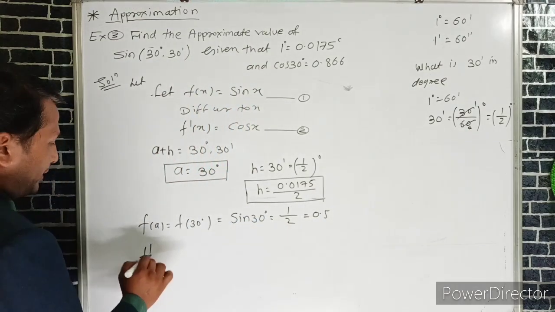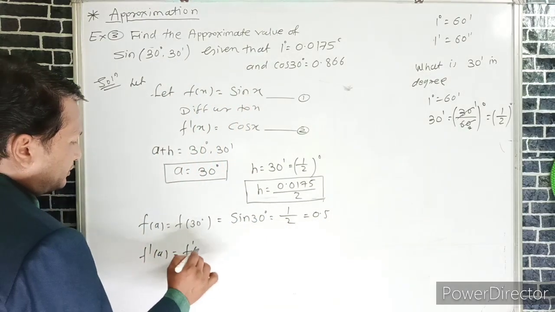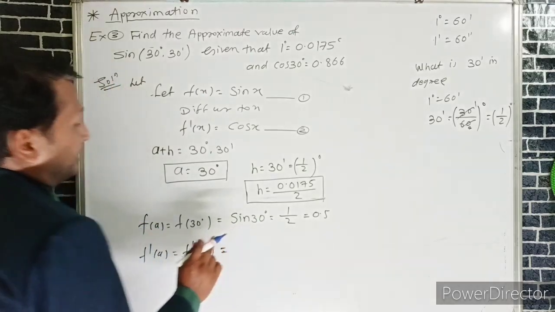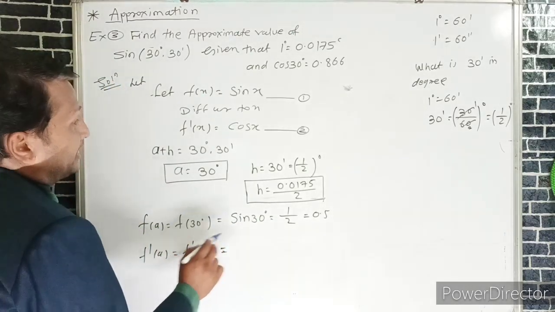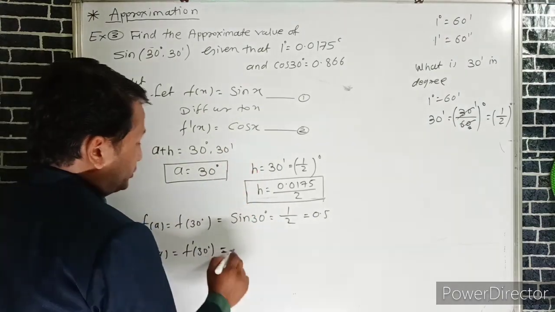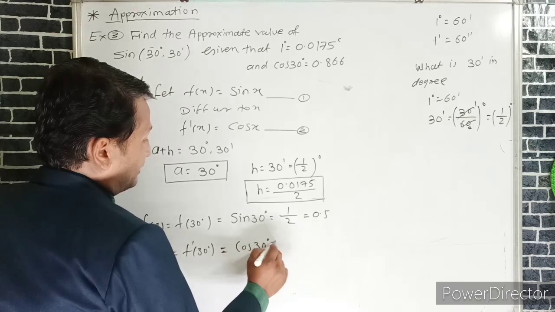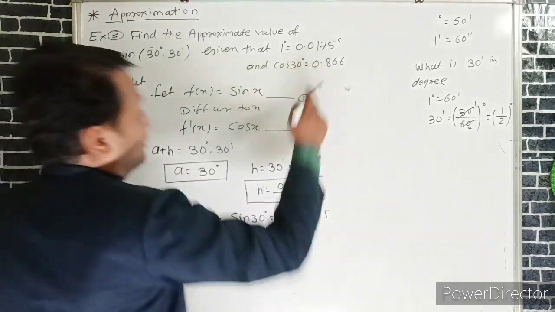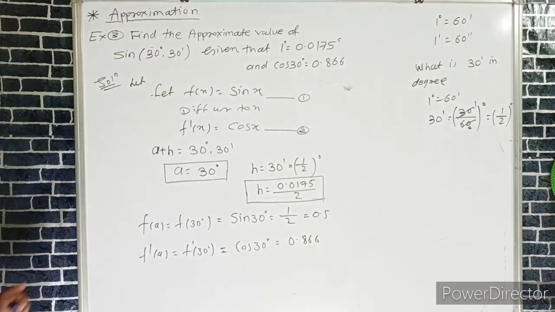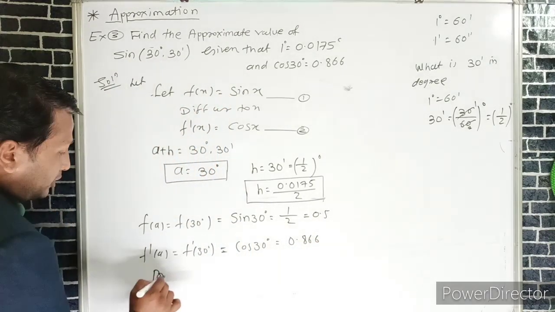Again, the value of f dash of a is equal to f dash of 30 degrees, which is cos of 30, and the cos of 30 degrees is given as 0.866. So now we can apply the rules of approximation.